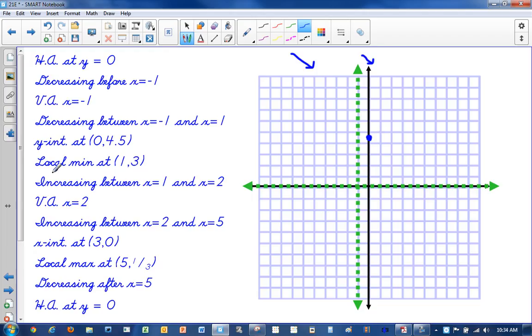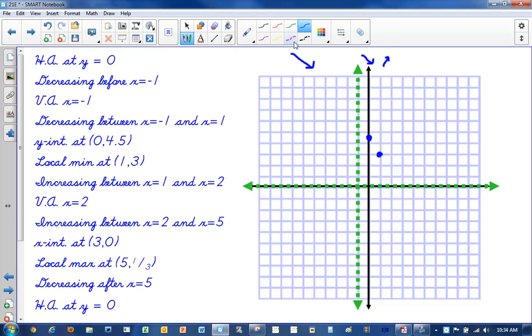I know that there is a local minimum at 1 and 3. So it's got to go through that point as well. I got that 3 by plugging 1 into the original function. Whenever you find stationary points, always plug them into the original function to see where the y value is of that point as well.